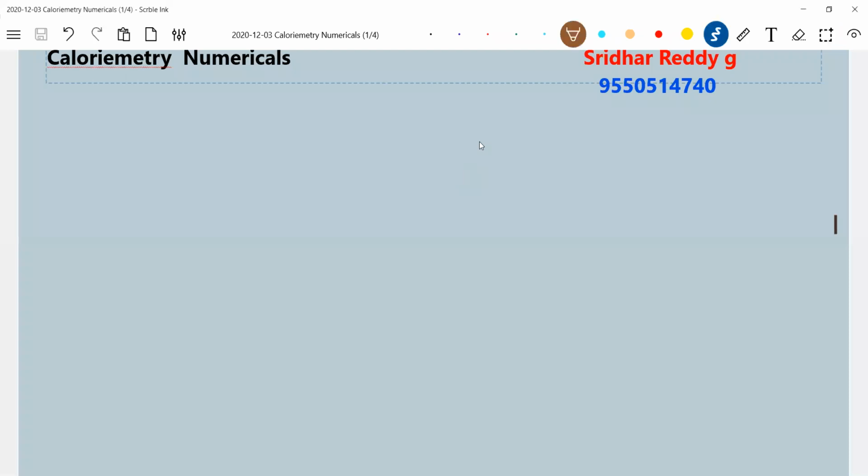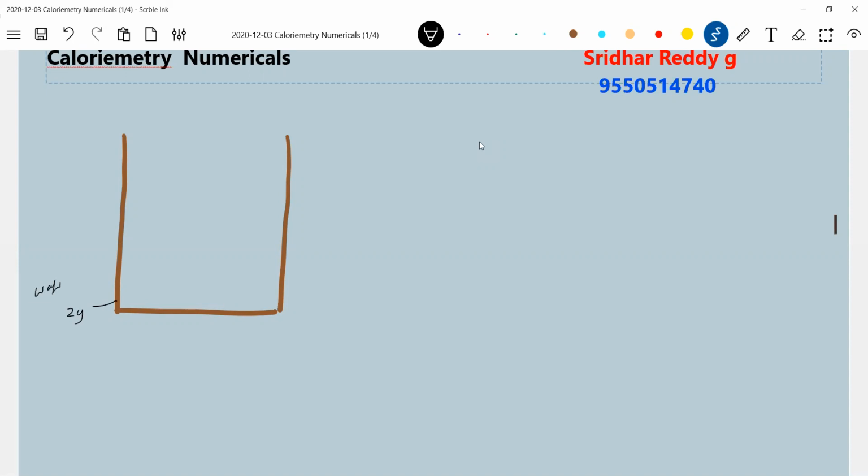Okay, let there be a container. Water equivalent of calorimeter, I'll write 2 gram. This is the water equivalent of calorimeter. So initially it contains ice at say minus 10 degrees Celsius.